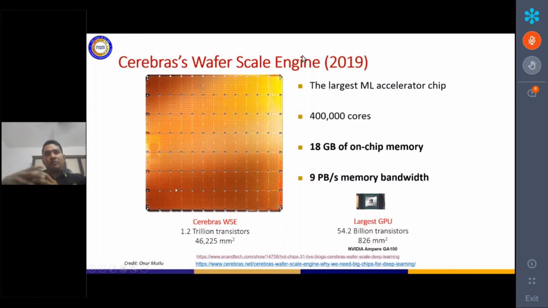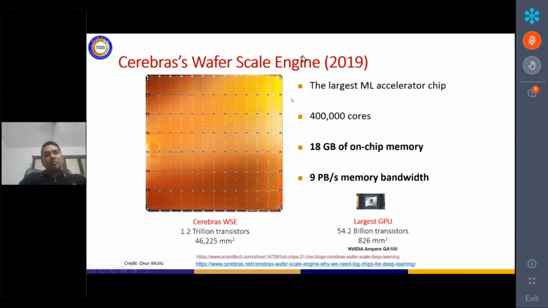And if you compare the size of this chip to the GPUs that are available, the largest GPU available nowadays is NVIDIA's Ampere A100 GPU, and that has around 54.2 billion transistors. And this particular Cerebras WSE has 1.2 trillion transistors.